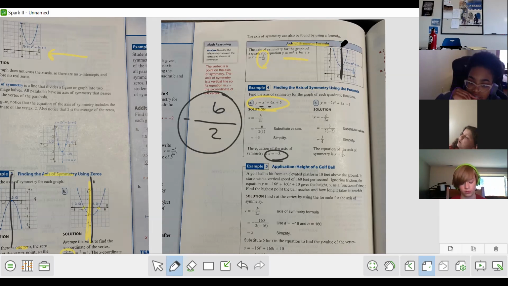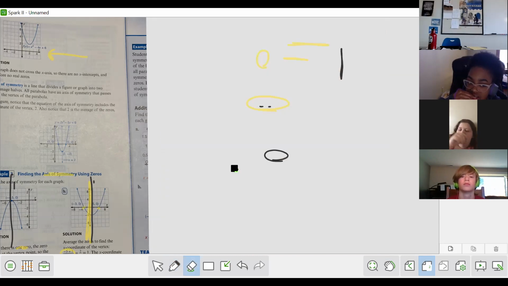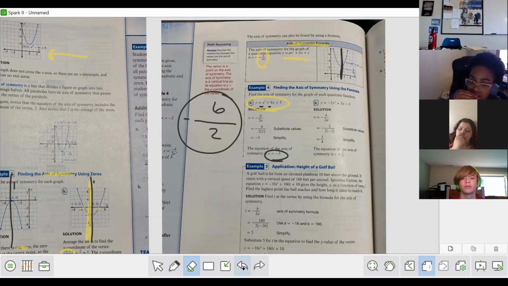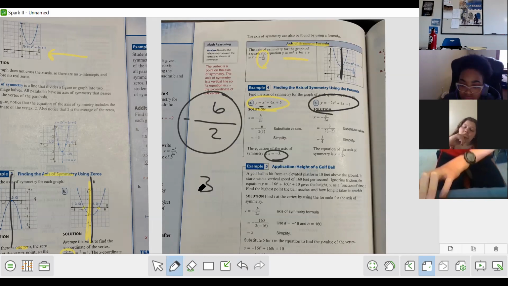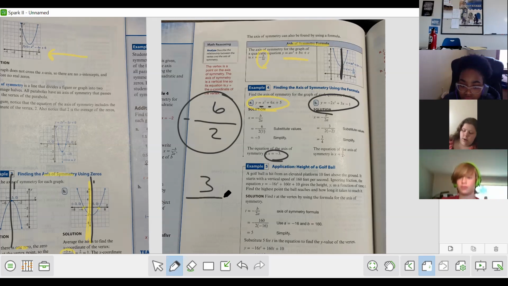Let's look at this one. Let's erase that. Let's look at this equation right here. My b term is 3. My a term is -2, so twice that is -4.